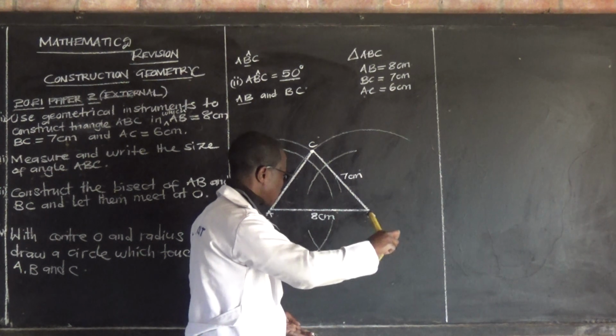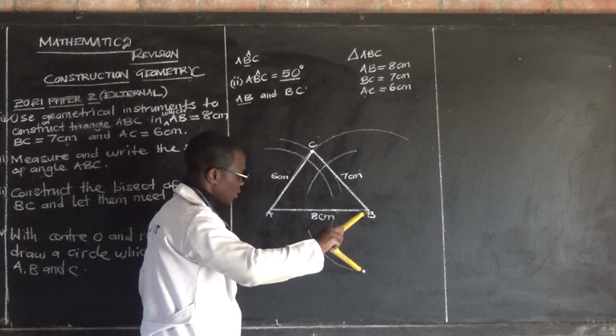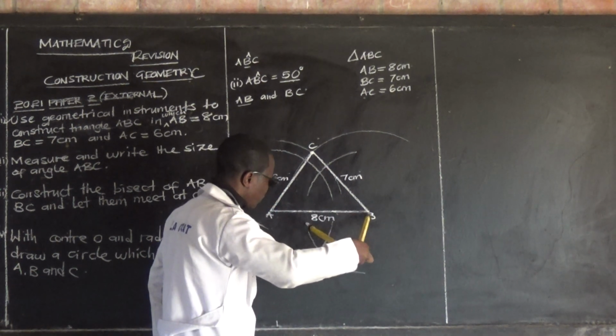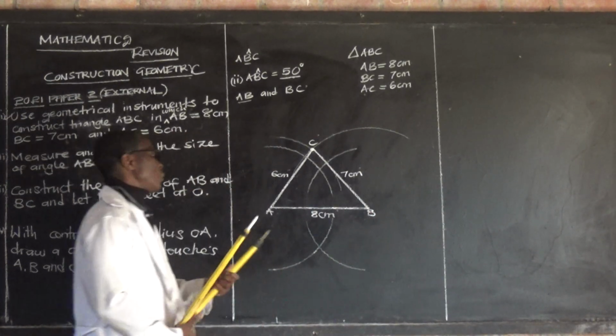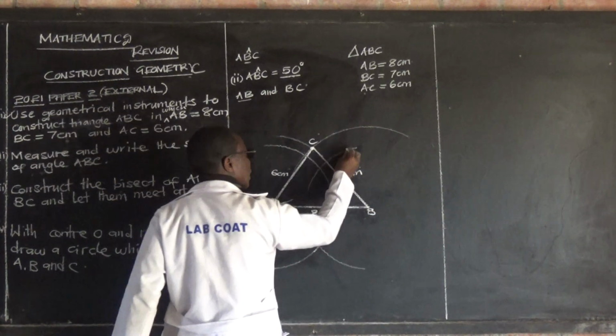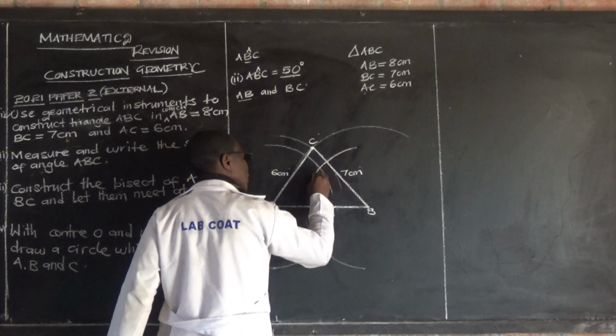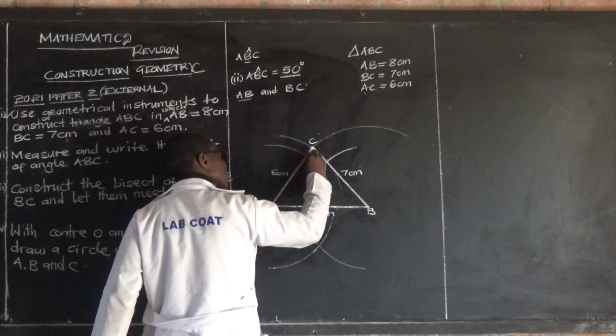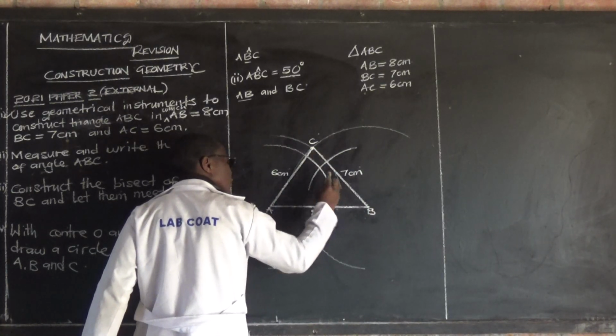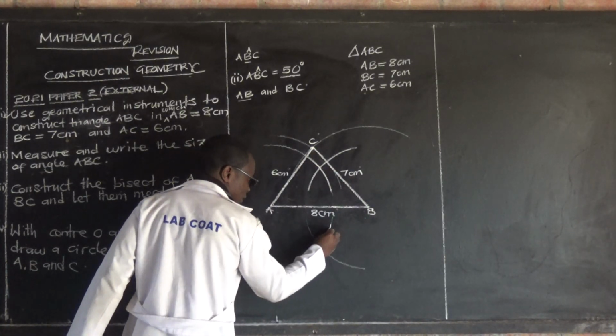You also strike an arc. My compass is not very well, guys. So my arcs are passing through this point. This is my first arc, then we have this other arc, then we have this arc.